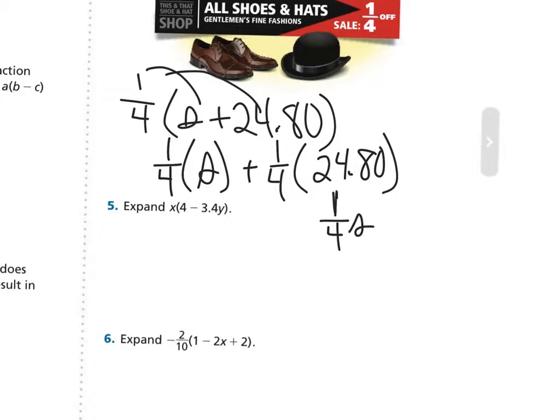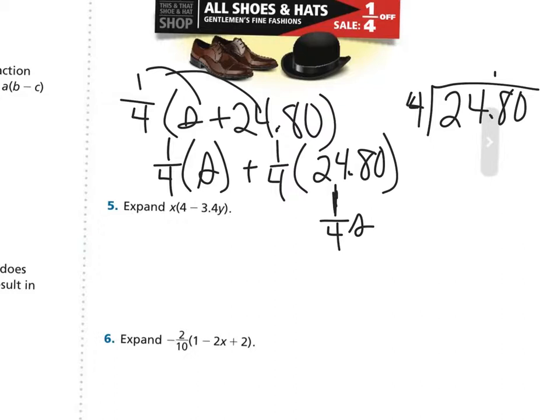And then the second part, the 1/4 times the 2480, if you want to, you could just think about it: if you take 1/4 of something, it's the same as dividing by 4. So we could actually just divide by 4. If not, just put the 2480 over 1 and you'll multiply across and you'll get 2480 over 4, which means to take 2480 divided by 4. So you'll get there eventually if you don't see that right away.